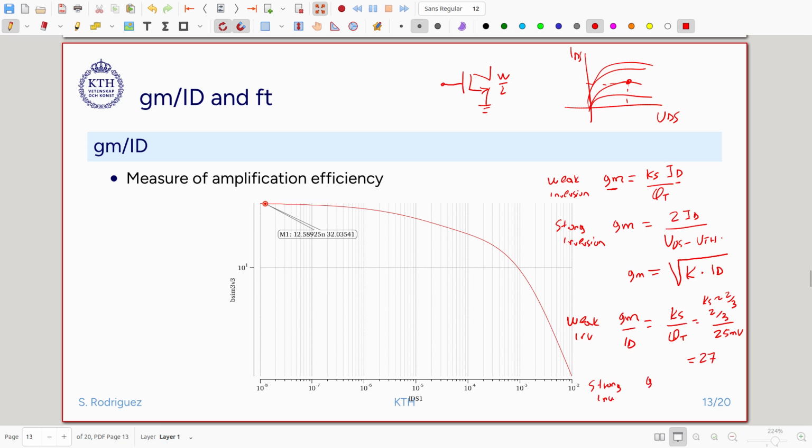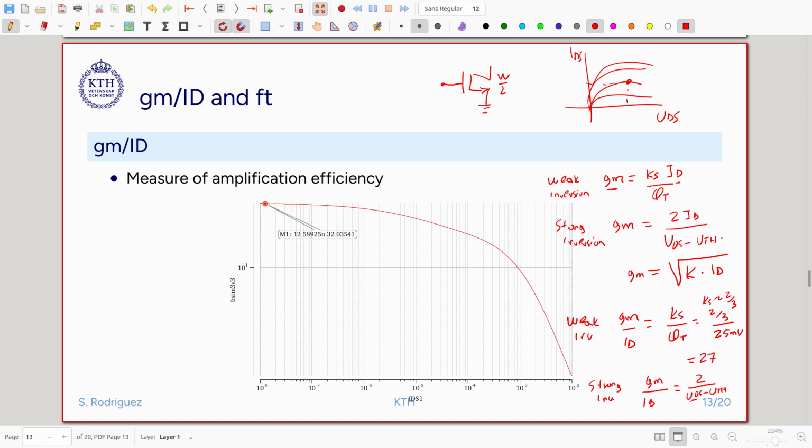This will go down to gm divided by ID equal to 2 over (VGS minus VTH), and then it will depend basically on the amount of VGS minus VTH that it is growing to get current.